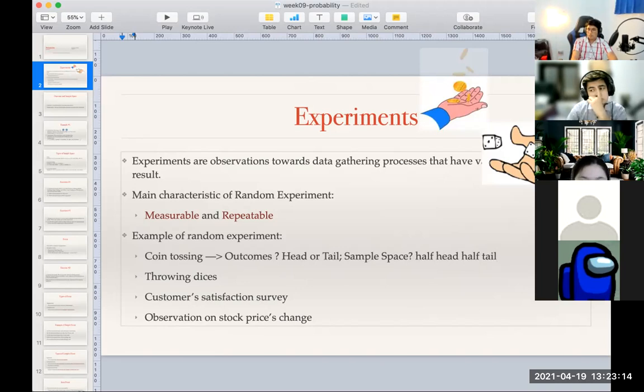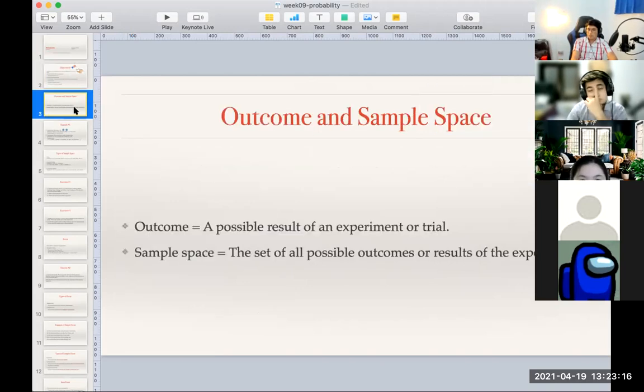So for the sample space here, one thing that you should remember is that it is the set of all possible outcomes. So it's a collection of your outcomes. Previously I mentioned that the outcome should only have one value, one possible result.